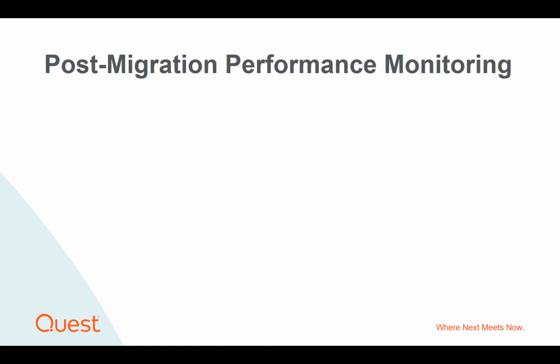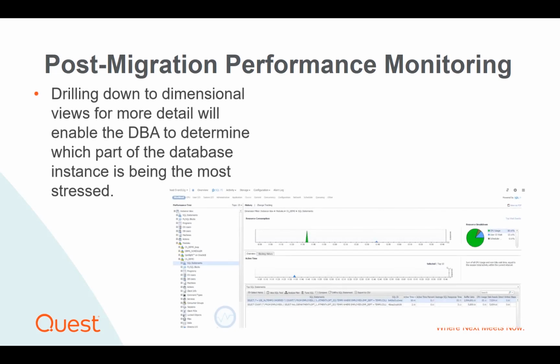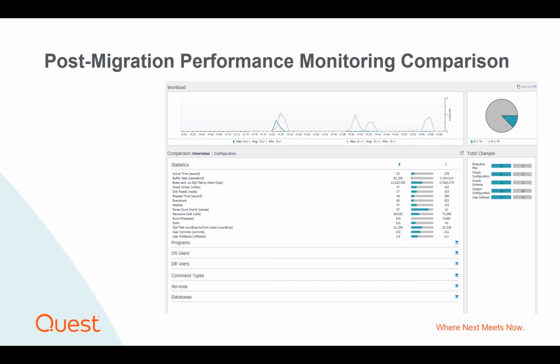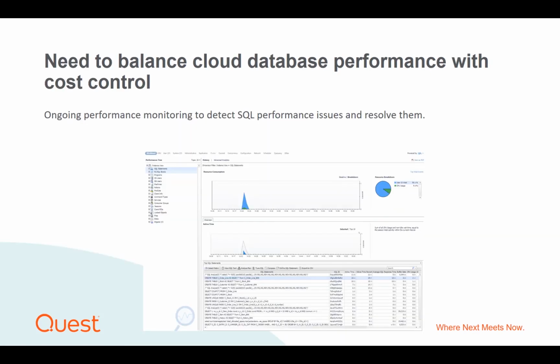And then we've also got our performance monitoring where we can drill down and see, how are things performing? What do the queries look like? Are we getting the same sort of workload profile, as well as looking to see how each of the instances are performing with that similar workload that we had, and see where there are any performance problems.